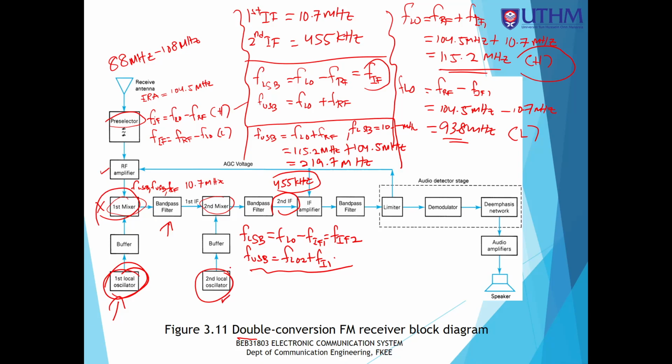Now I want to know how much the second local oscillator frequency is that I need. If I want to use a high side injection, that means FLO2 is equal to FIF1 plus FIF2.